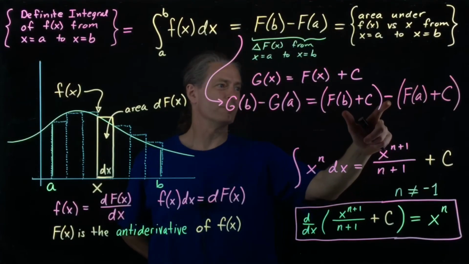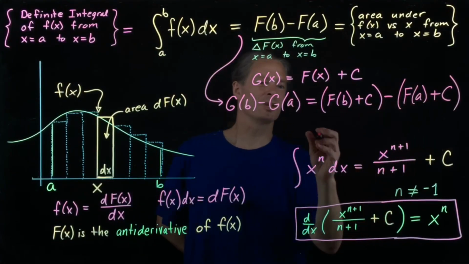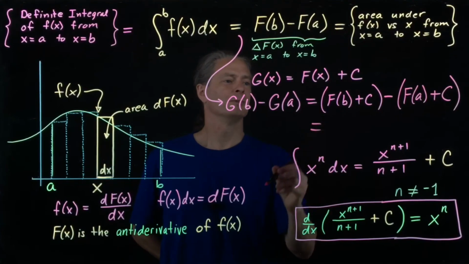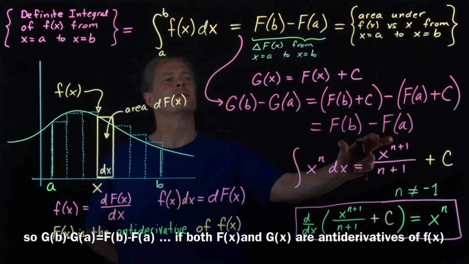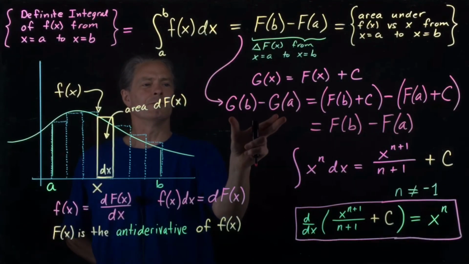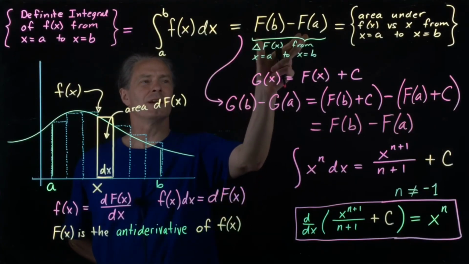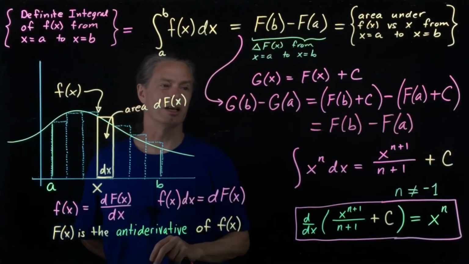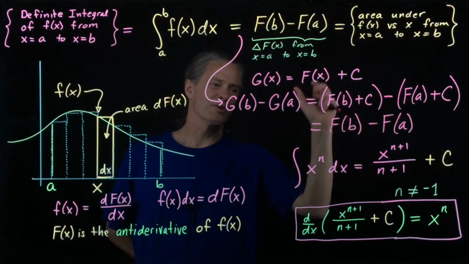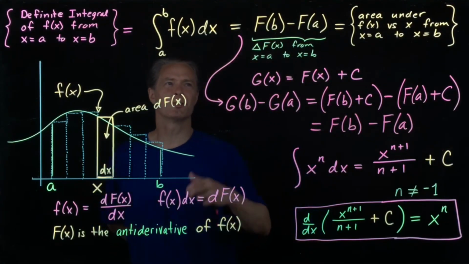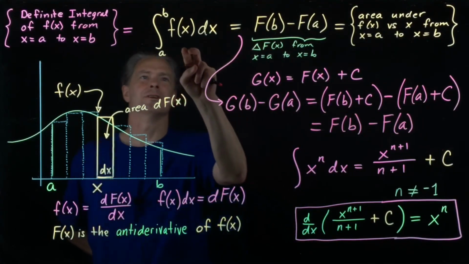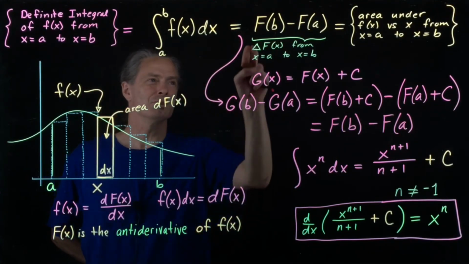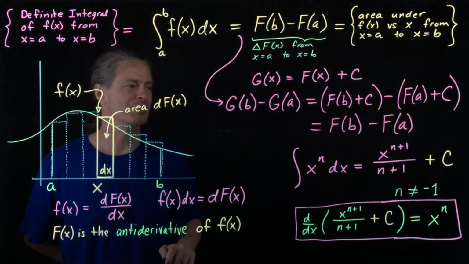Now if I distribute the minus sign through, these C's will cancel. In other words, if I'd used big G instead of big F as my antiderivative for little f of x, I get the same result anyway. So you can use any antiderivative of your function as long as you use the same one at each of the limits.